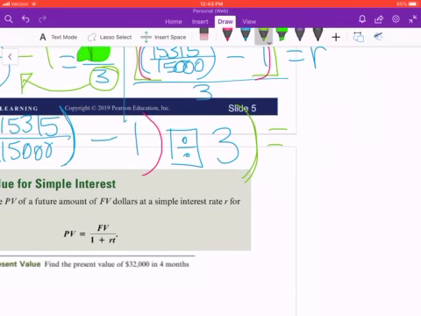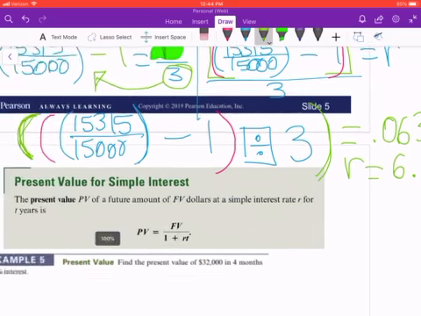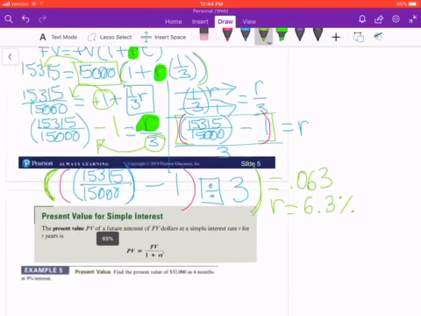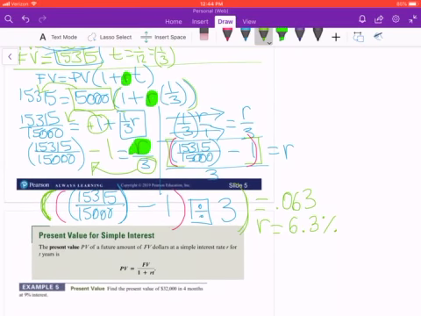So if you do that correctly, you should be getting something like 0.063. Now, if we translate that into a percentage, it will be 6.3%. And so that is a way that you can solve for R. Now, if I had just taken the formula from here and solved for R, it would have been the following.